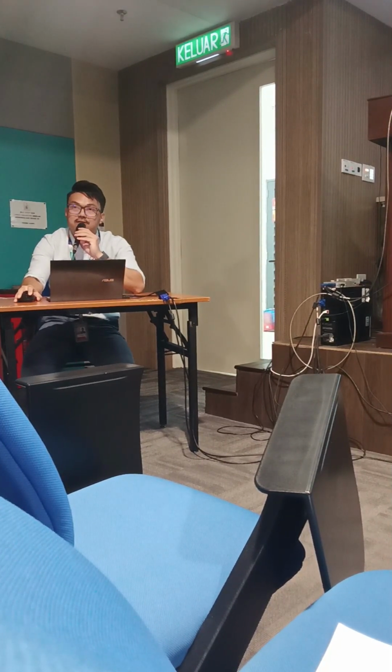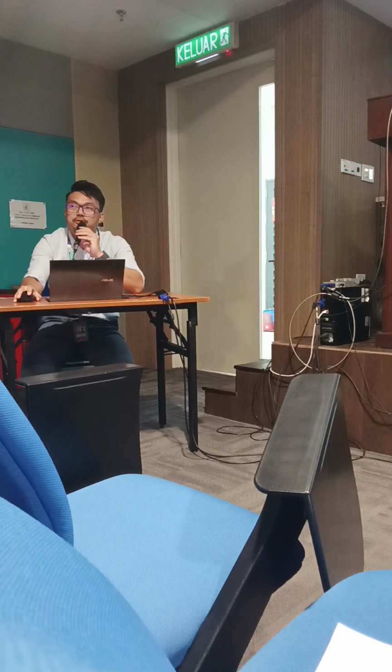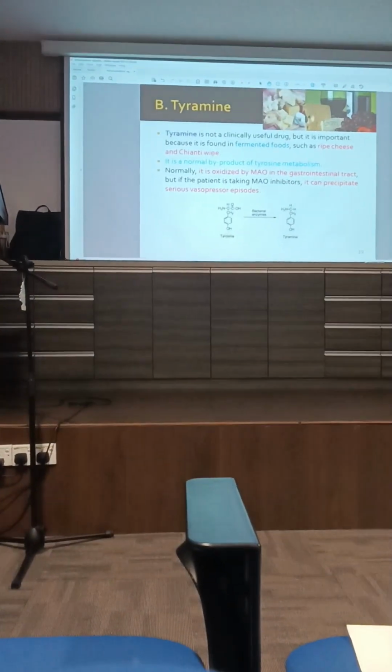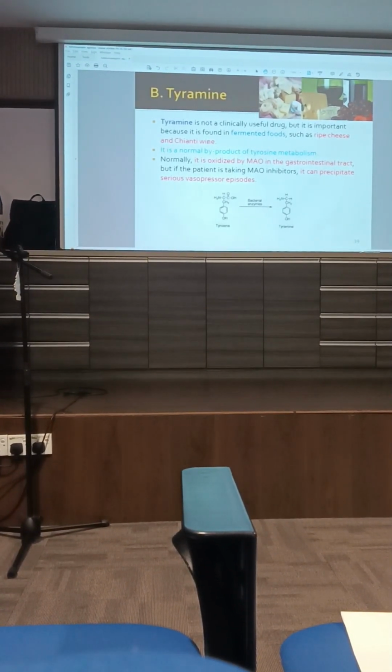Tyramine, you learn about tyramine. There's the cheese syndrome. Tyramine is not a clinically useful drug, but it is important because it is found in fermented foods such as cheese and Chianti wine. So this is a wine. If you drink that or you have the cheese, you have a lot of tyramine in your body system.